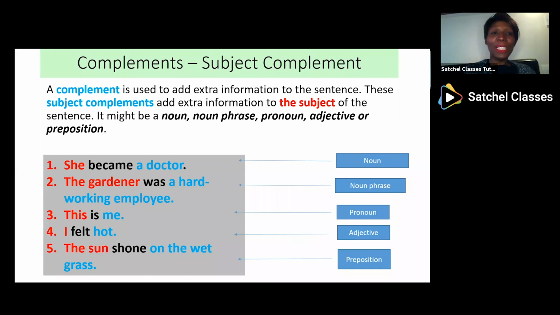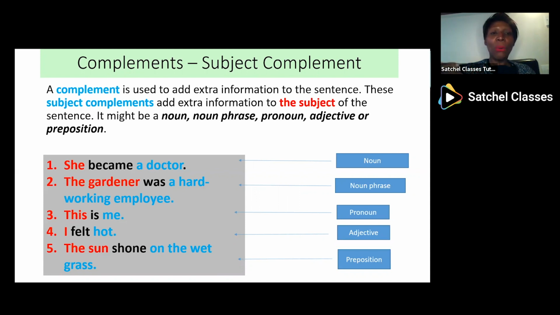So these complements can add extra information to the subject, or they can add extra information to the object. So these are subject complements. She became, subject, verb, a doctor. It's adding extra information. It's giving us more understanding about the subject.